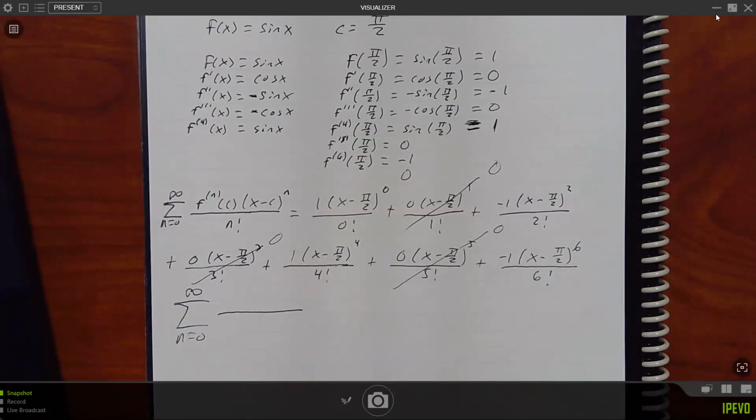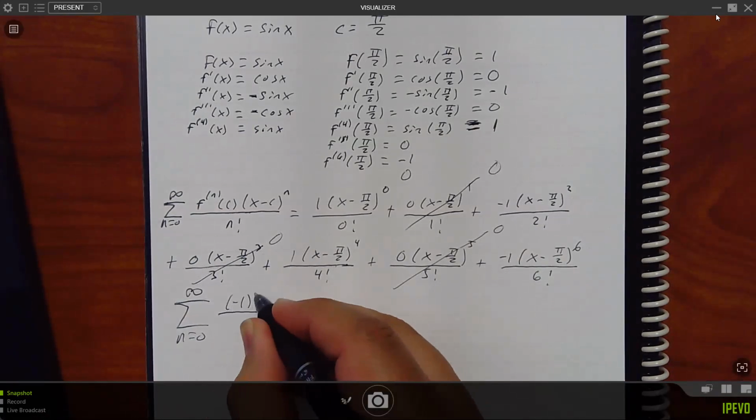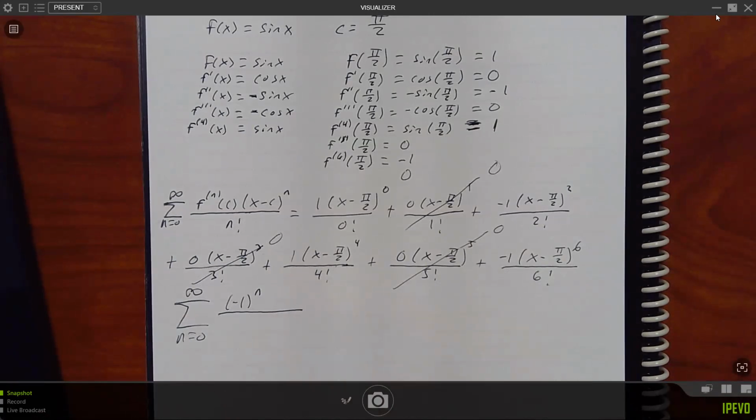Right? How do you deal with that? The negative alternating parts right there. How do you deal with the 0, 2, 4, 6? How do you make it skip the odds? Like I need it to be 0, 2, 4.